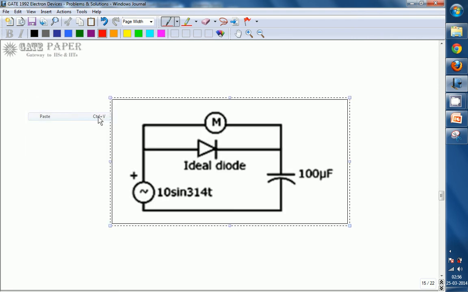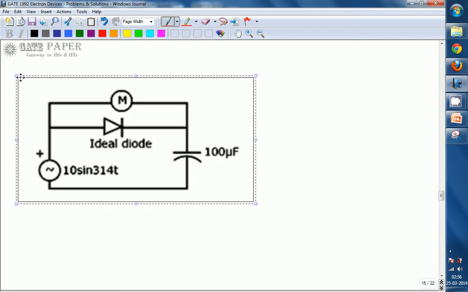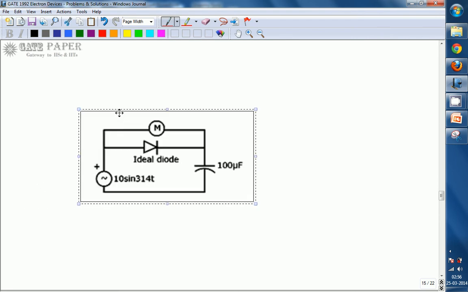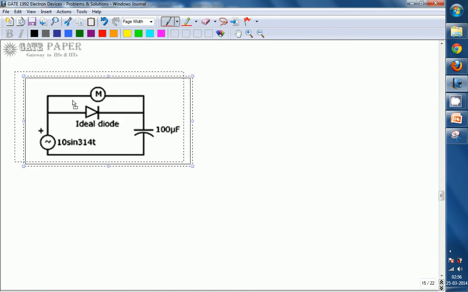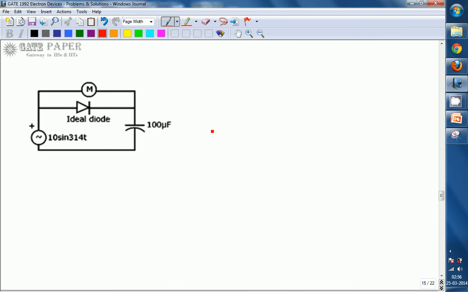Now we go to the next part: after the first quarter cycle, we keep applying 10 sin omega t, but the voltage at the diode's negative terminal is plus 10 volts.